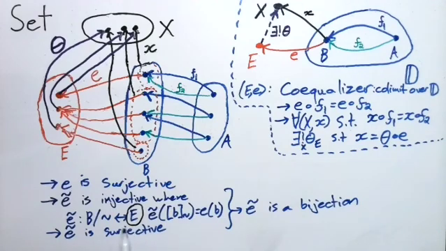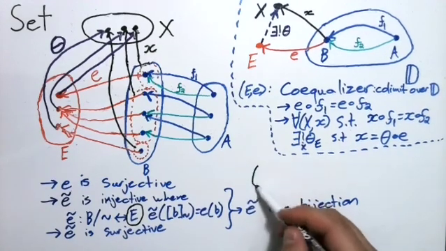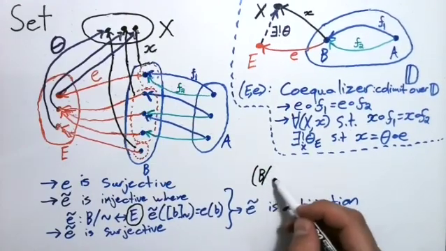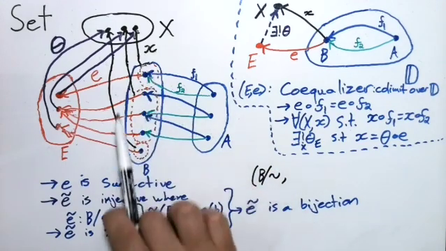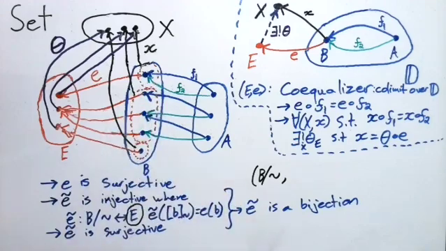So if there's an isomorphism between the set of equivalence classes and E, we can just say that E is B divvied up by tilde, right? The object part of our coequalizer is just the set of equivalence classes when we divvy B up by tilde.